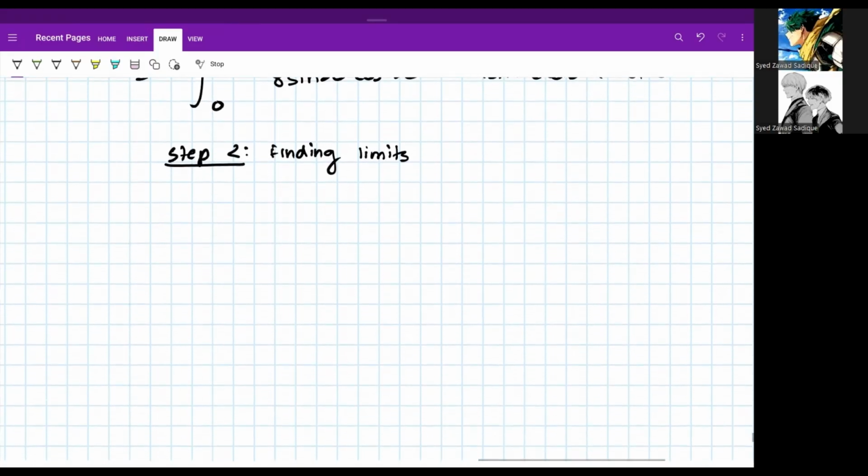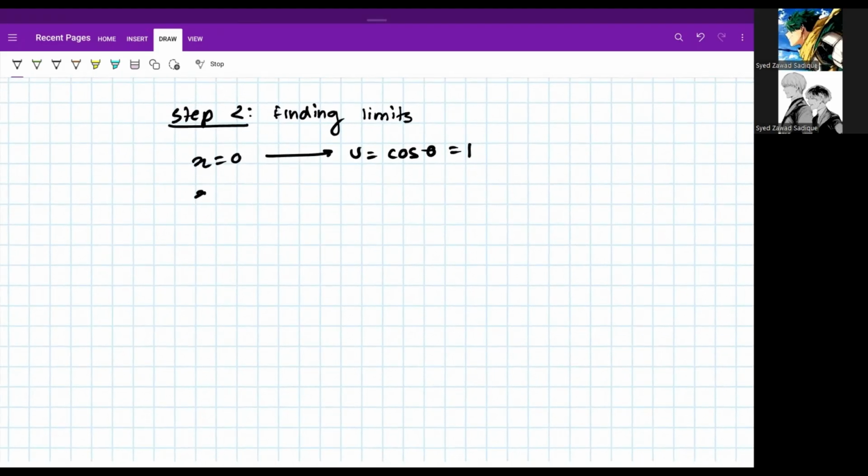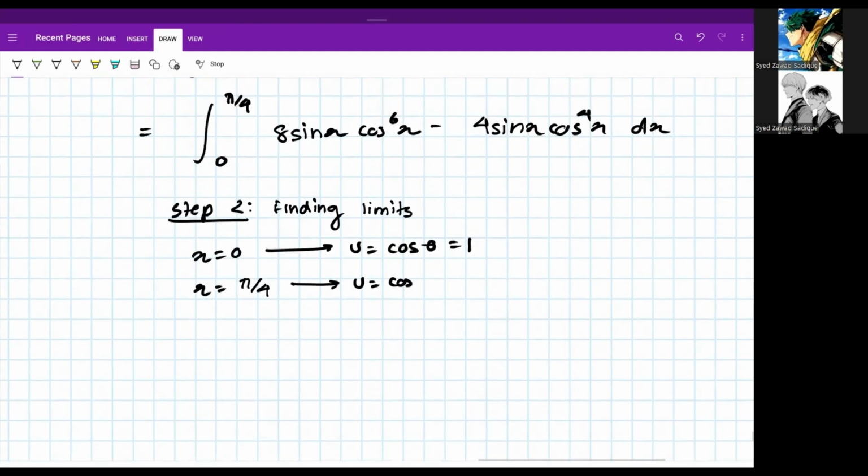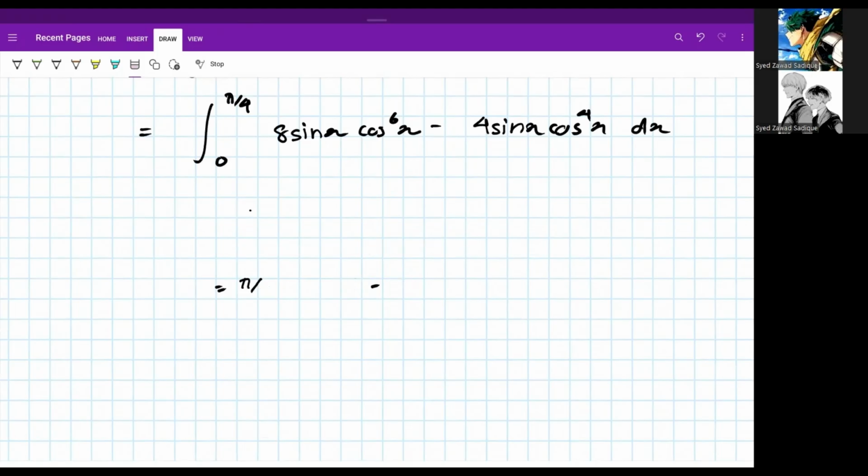So, when x is equal to 0, u is equal to cos 0, which is equal to 1. When x is equal to pi by 4, u is equal to cos... Oh, wait. I'm sorry, guys. This was not step 2. I forgot a step. This is step 3, actually.